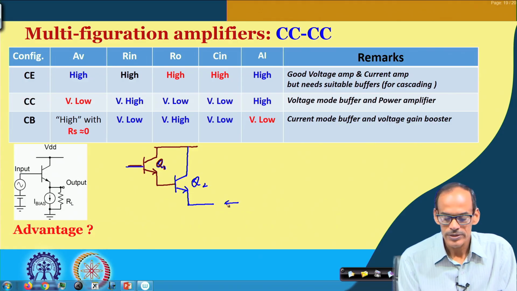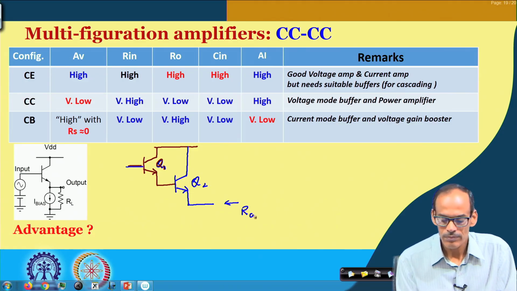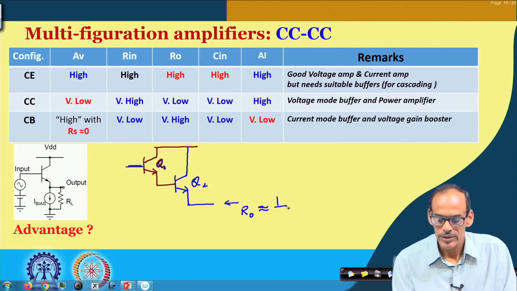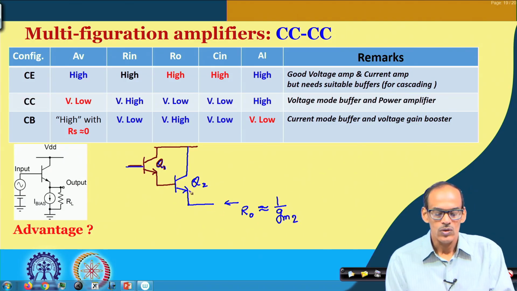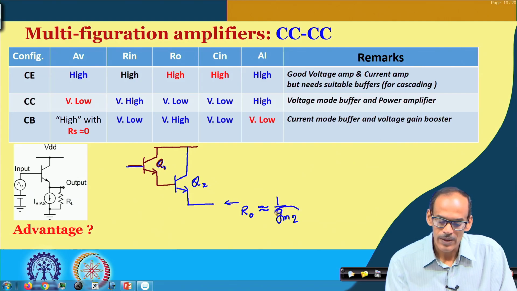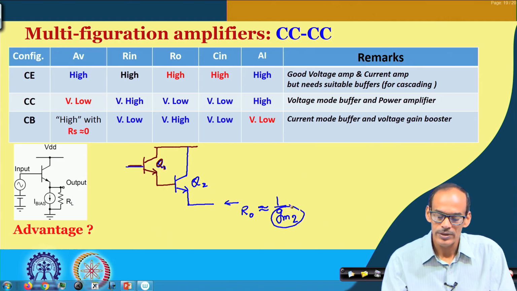The output impedance, so we know that this will be in the order of 1 by Gm, and in this case Gm of the second transistor. Now the Gm, of course, is a function of the current.